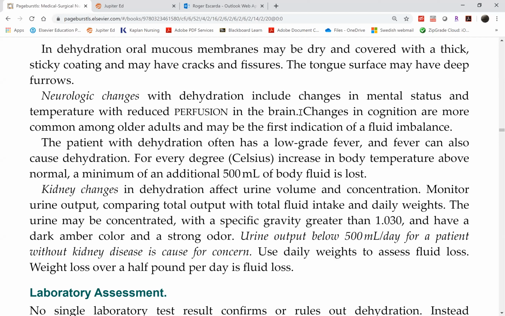In dehydration, on the other hand, the brain cells are also dehydrated. So either way you'll have neurologic changes. However, it's more of increased intracranial pressure leading to the possibility of seizures in the case of fluid overload.